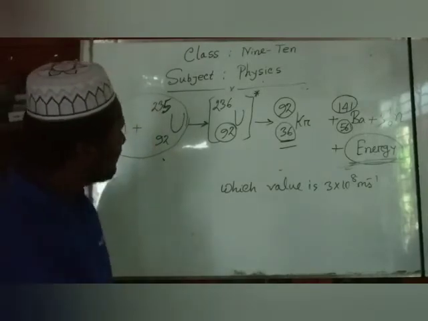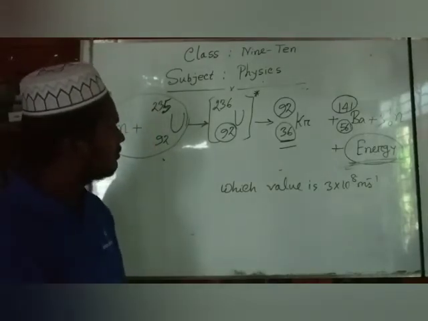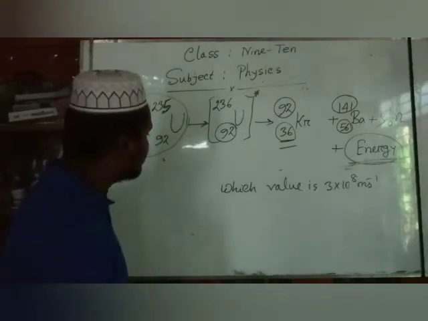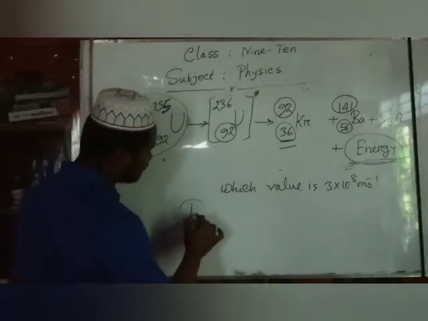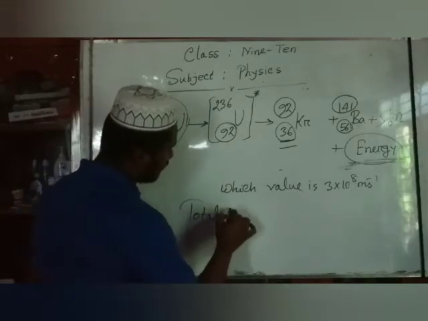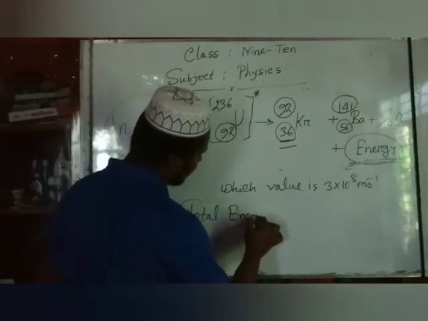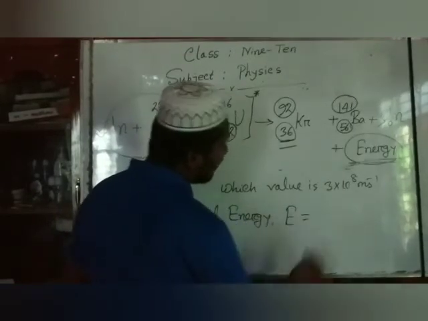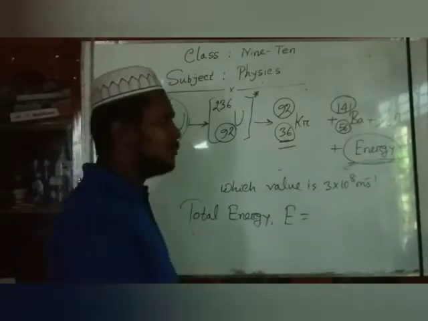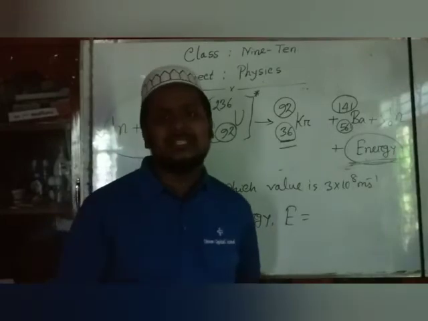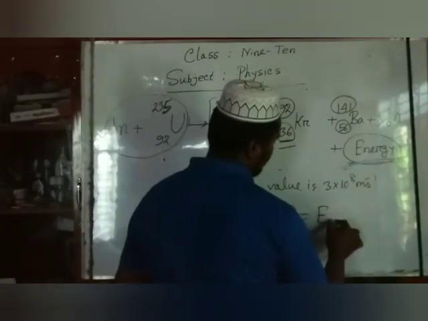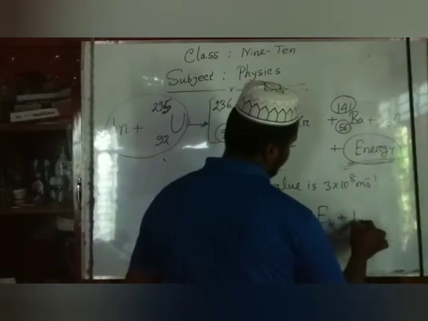If we express this principle, we say that the total energy E must be equal to the potential energy and the kinetic energy, that is, Ek plus Ep.